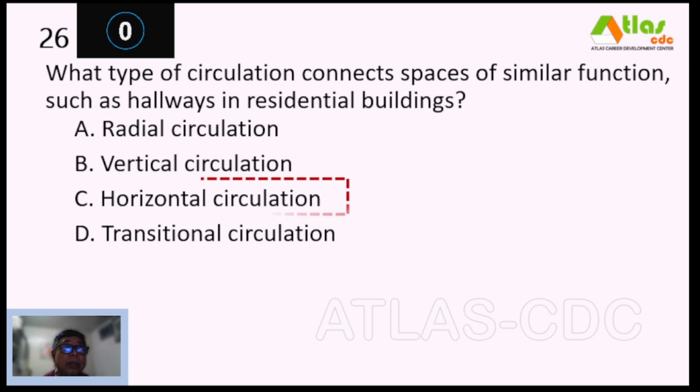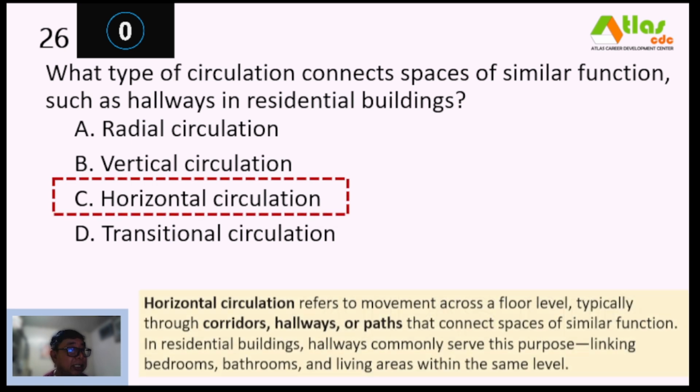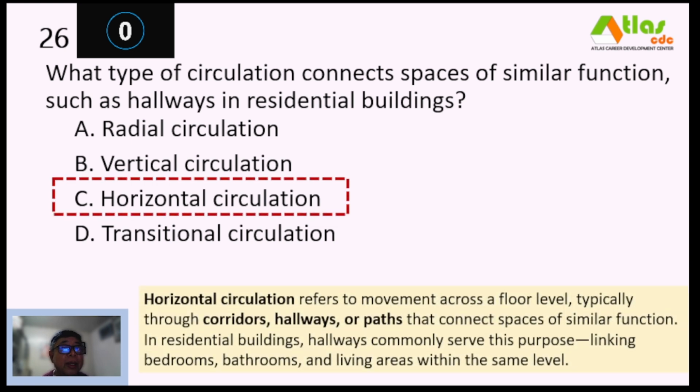And our correct answer is letter C, horizontal circulation. So this horizontal circulation refers to movement across a floor level, typically through corridors, hallways, or paths that connect spaces of similar function. In residential buildings, hallways commonly serve this purpose, linking bedrooms, bathrooms, and living areas within the same level.